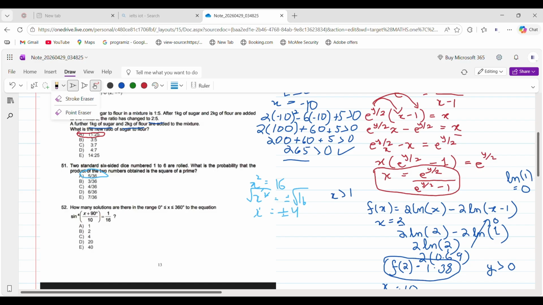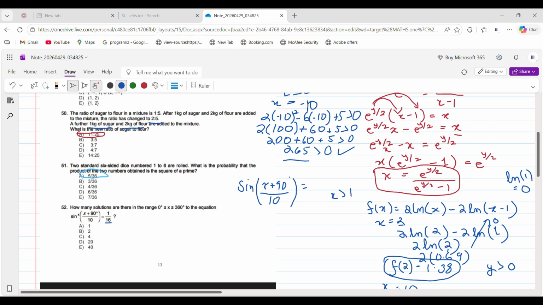So for removing this power 4, we can take the fourth root on both sides. While taking the fourth root on both sides, my power 4 would be removed, and the function would now be (x plus 90) upon 10.